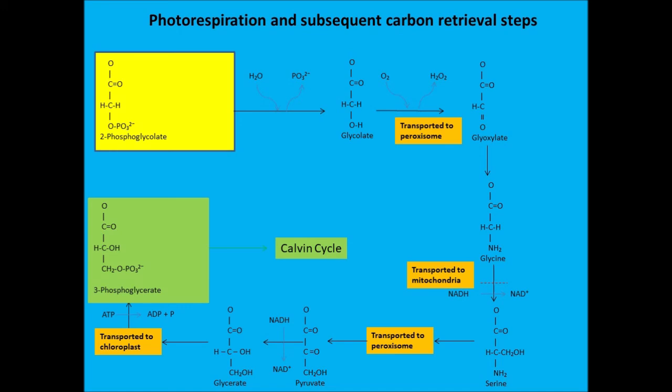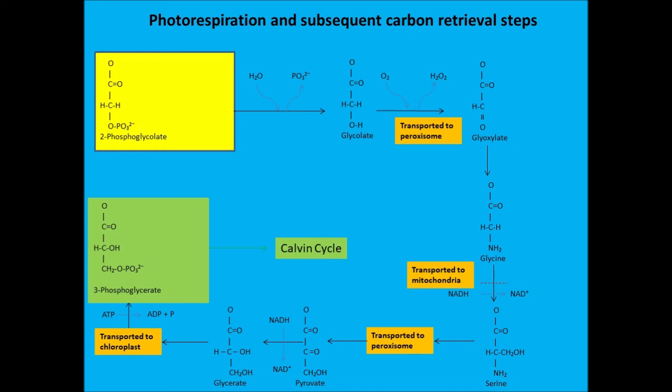The peroxisome is a cell organelle that functions in the metabolism of lipids and other hydrophobic molecules, but it also helps process hydrogen peroxide, a highly reactive and potentially harmful molecule produced during the carbon retrieval process following photorespiration.